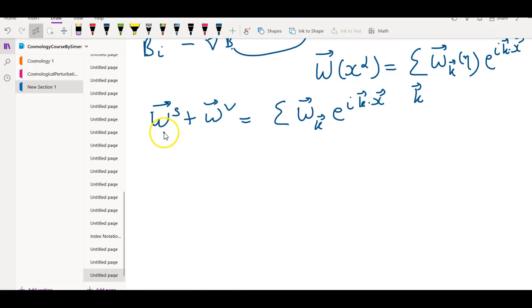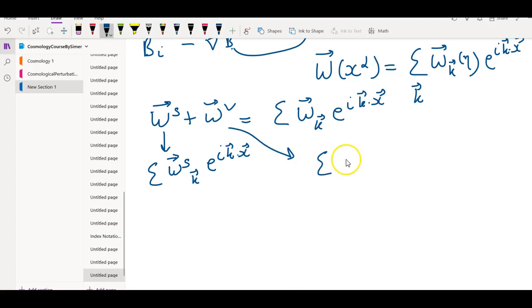Now I can expand this in Fourier space as W_s k e^{ikx}, and this expands as W_v e^{ikx}.